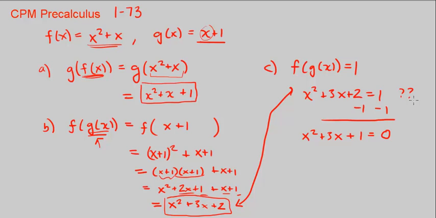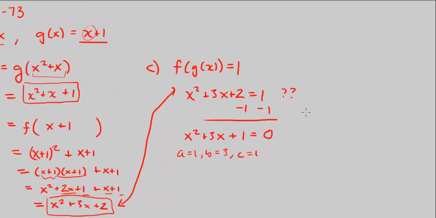And now what can we do? We can use different methods. We can use our quadratic formula, with a equals 1, b equals 3, and c equals 1. But first, can we factor?